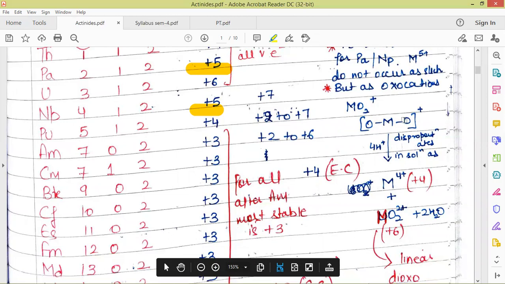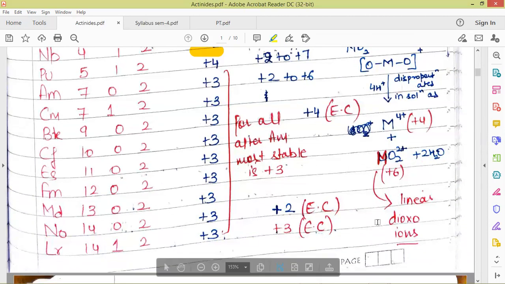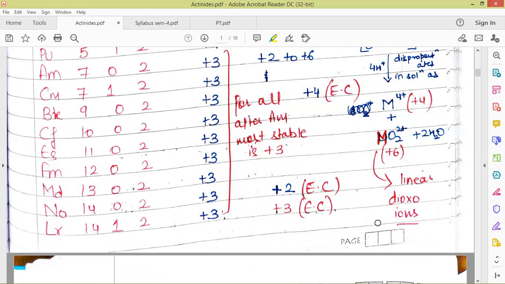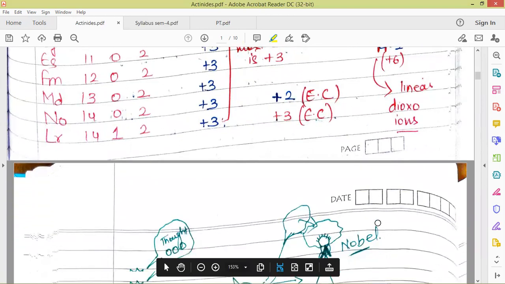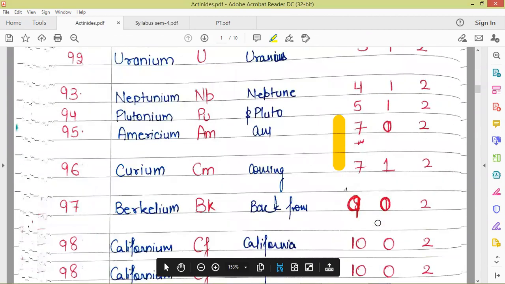So the +5 and +6 oxidation states for these actinides do not exist directly as M5 positive or M6 positive, but they exist as dioxocations, a monopositive cation and a dipositive cation. So these are linear dioxo ions of actinides, which are the existing species for the +5 and +6 oxidation states. So this is all about the electronic configuration and the oxidation states.